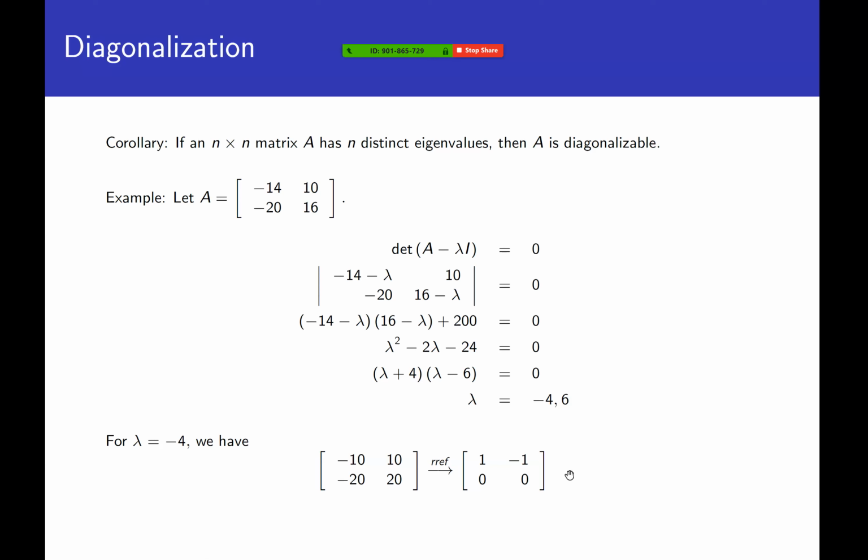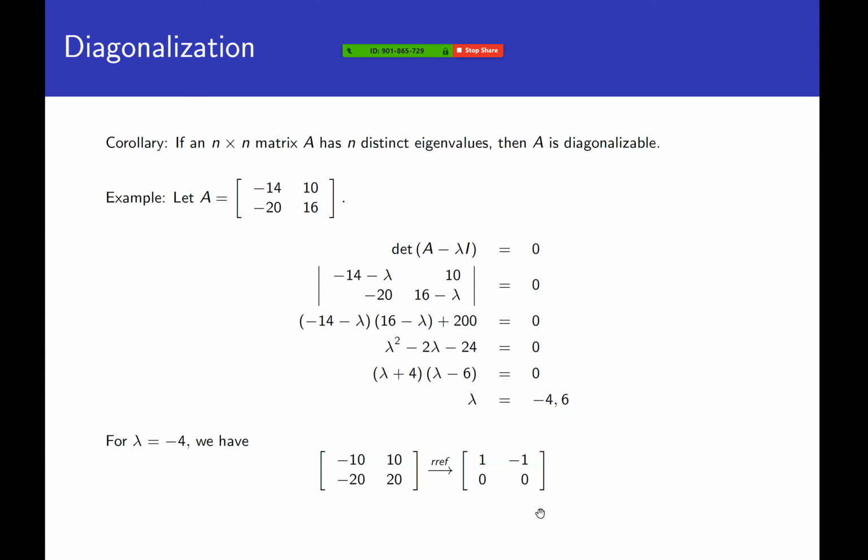That's always trying to solve a homogeneous system. To get non-trivial solutions in homogeneous systems, you always have to have a free variable. In this case, when you're working with a square matrix, in order to get a free variable, you have to have a pivot-free row. You have to have a row of zeros.